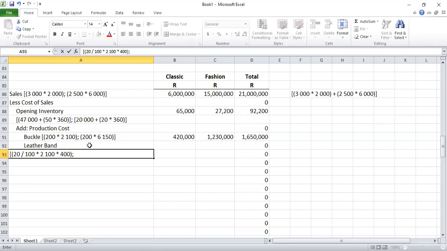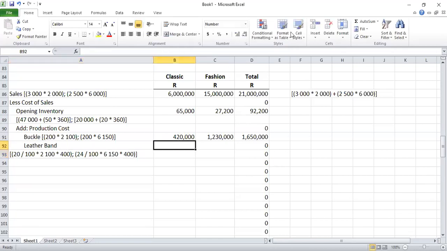Then for the fashion, the centimeters are 24. Divide by 100 to convert the centimeters to meters. Multiply by 6,150, the units produced. Then multiply by 400, the price per meter. What do we get?